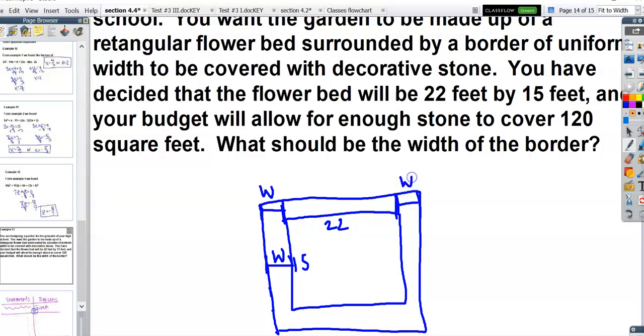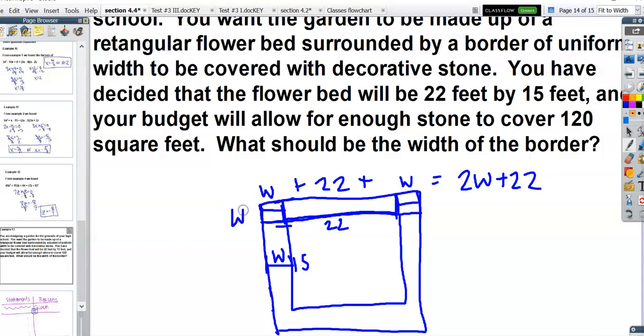and that's W. And then the reason that helps is because if I want to find this entire side length, I know that it's W and 22 feet and another W. So the entire side length equals 2W plus 22. And we can do the same going down the side because it's uniform throughout.